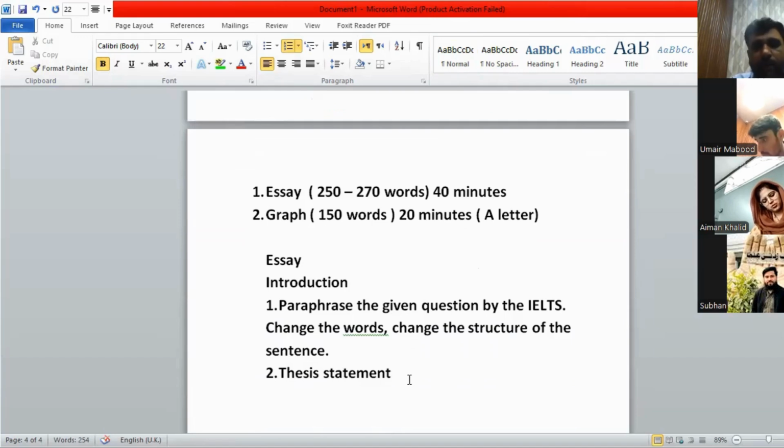Acha. Now, in body one, the starters, the cohesive devices through which we can make our essay more attractive and make the essay stand out.